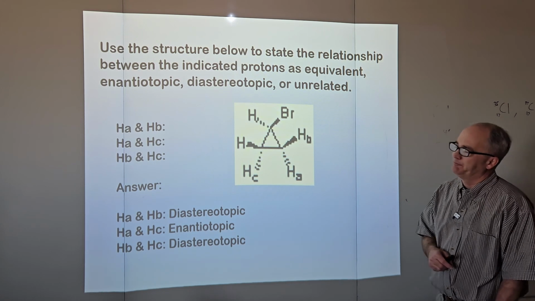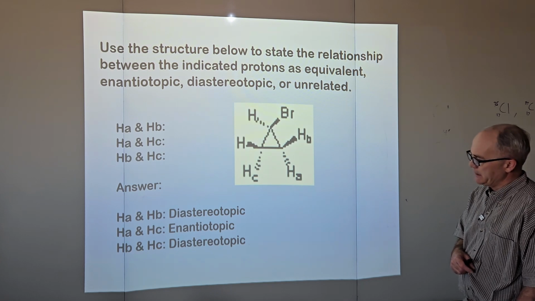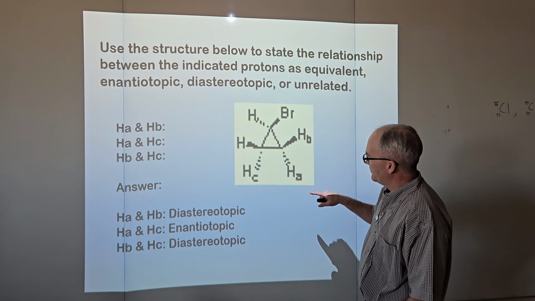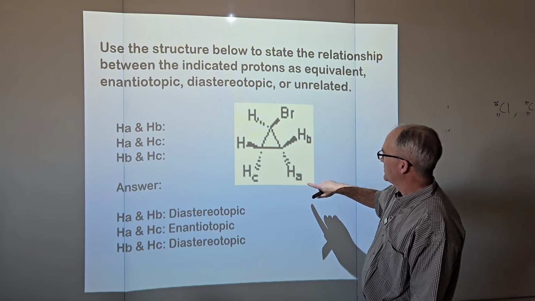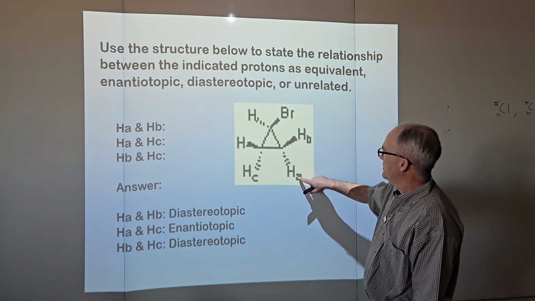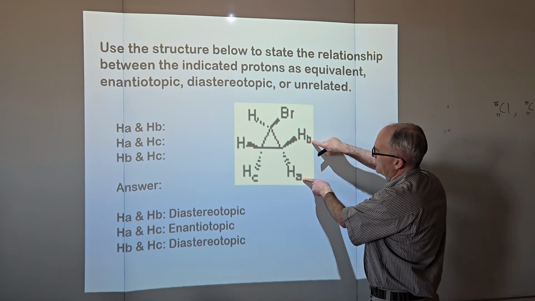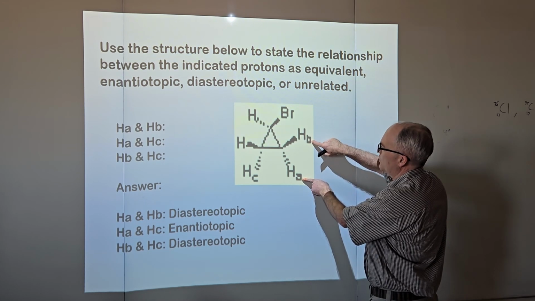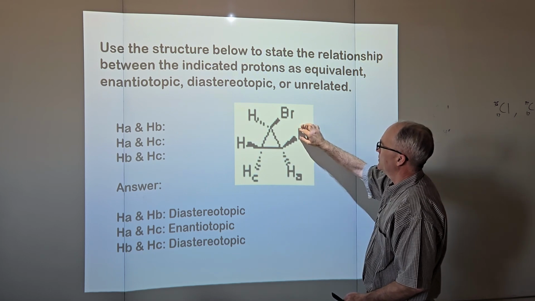So here we have bromocyclopropane. And it says here, so we basically have, sorry about the poor quality of this graphic. I think this is A, B, and C. A and B are diastereotopic. Imagine putting a chlorine on here or a chlorine on there.